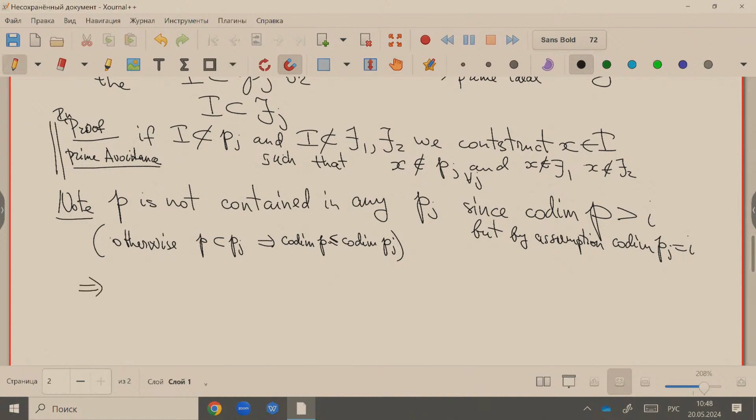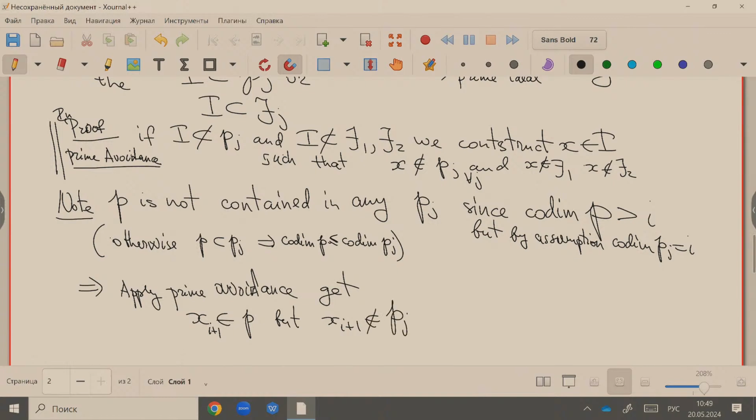This implies that we can apply prime avoidance and get an element x_{i+1} that is inside P, but x_{i+1} is not inside Pj for any Pj.